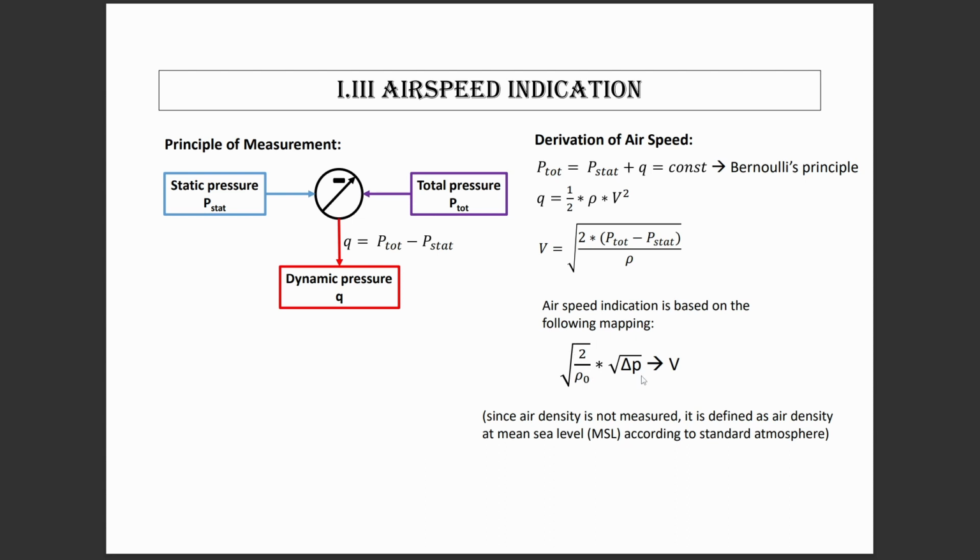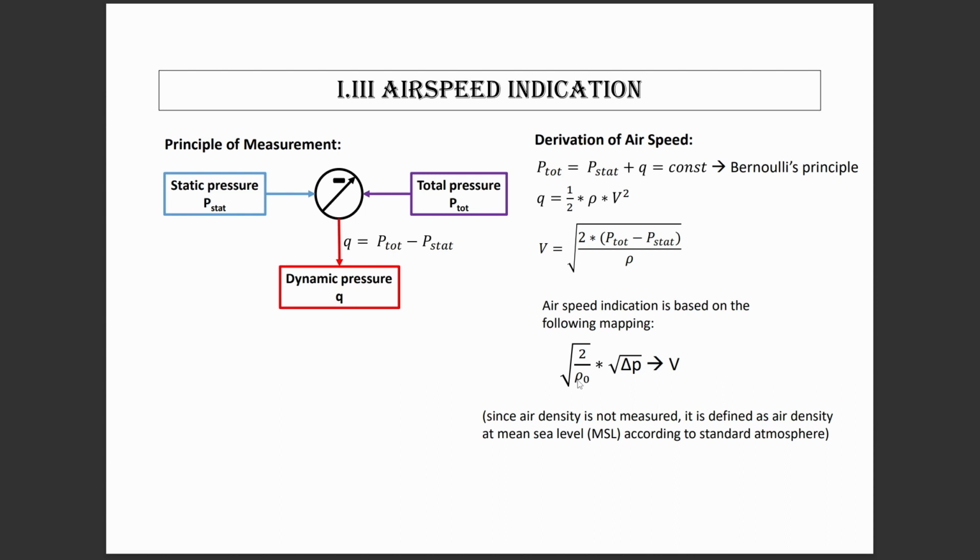And then we have this relationship between our measured delta pressure or dynamic pressure and this coefficient here, and we map what we measure to a certain speed. So we create a table, if you will, that this delta pressure equals this speed, this delta pressure equals that speed, and the reference is always the same.